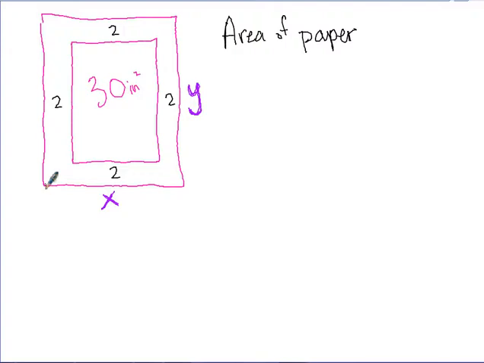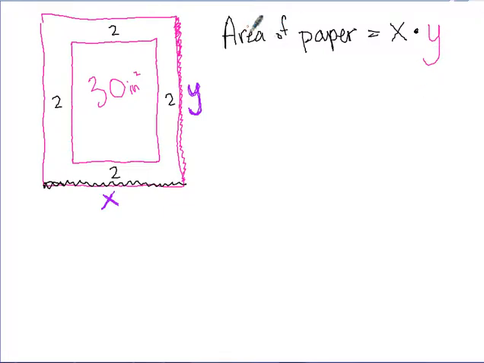So that would be this. Here is one of those lengths. The area of this paper is rectangular, so it's X times Y. The area of a rectangle is the length times its width. So the piece of paper has an area of X times Y.